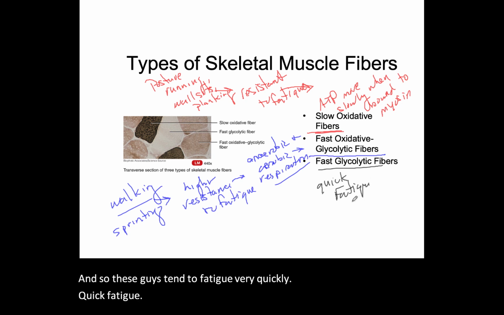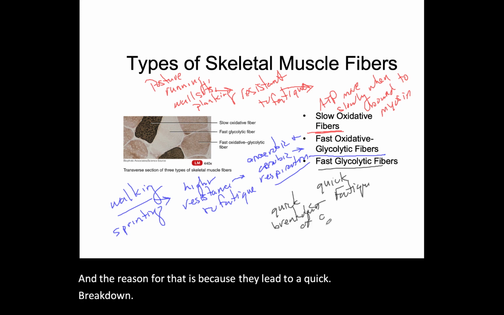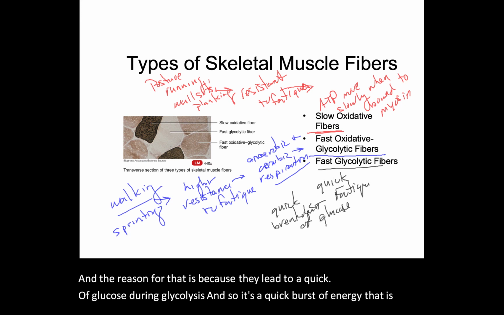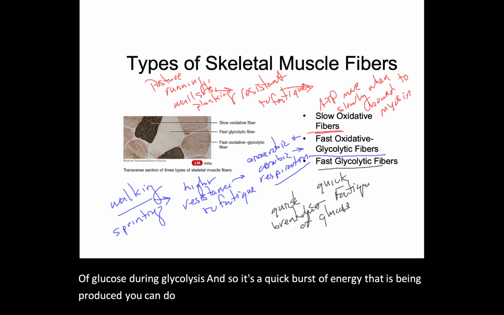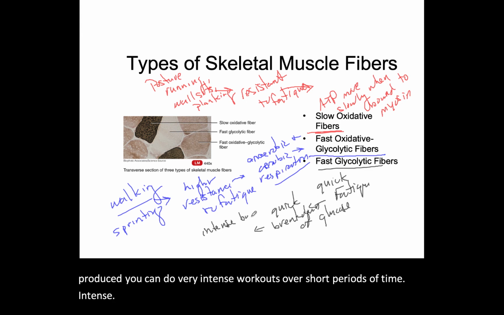And the reason for that is because they lead to a quick breakdown of glucose during glycolysis. And so it's a quick burst of energy that is being produced. You can do very intense workouts over short periods of time. Intense but short workouts. All right.